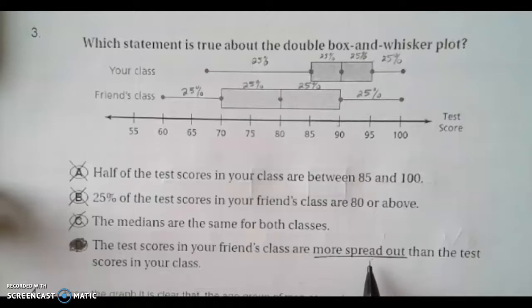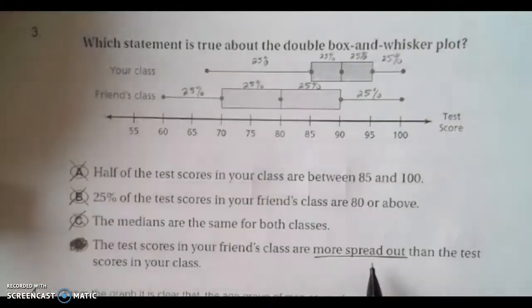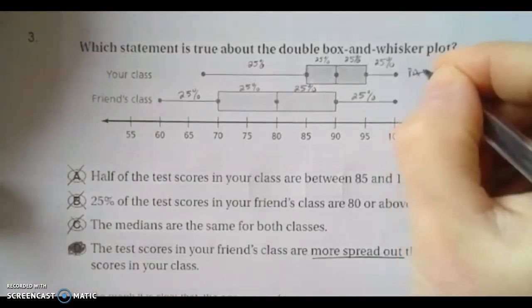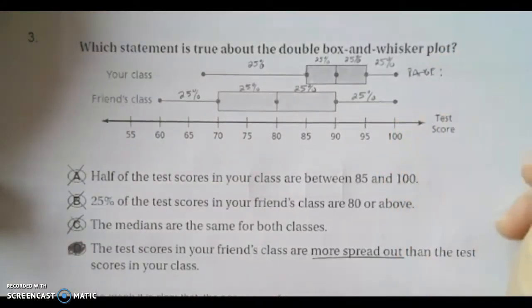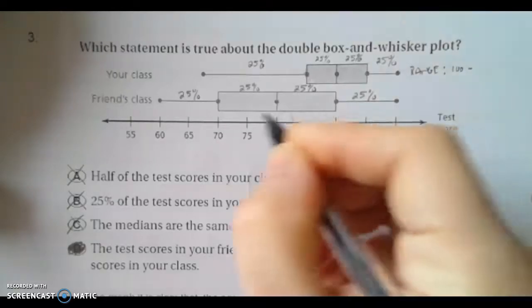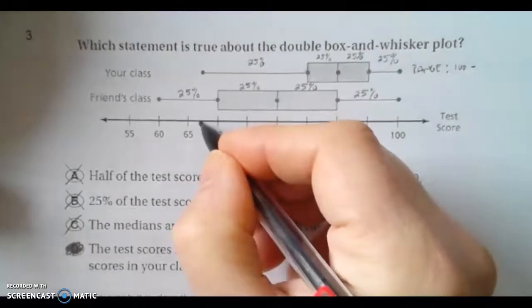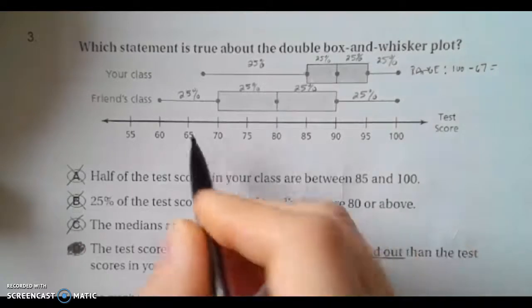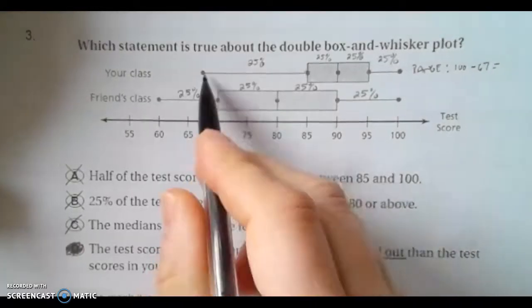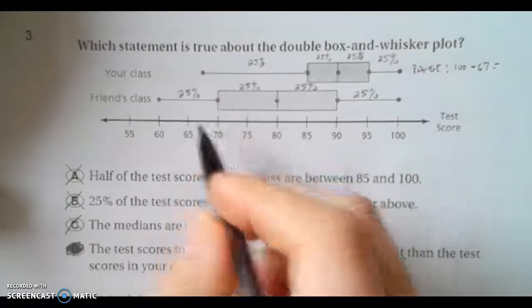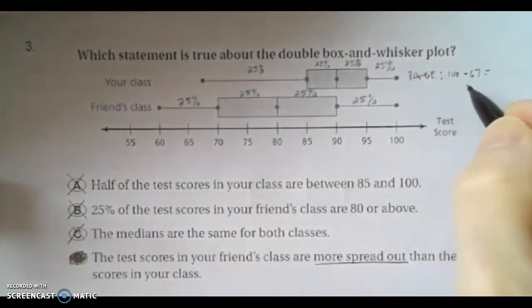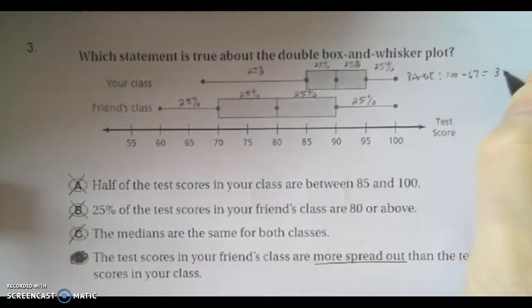We can prove that by looking at the range for each class. For your class, remember that you're calculating the highest minus the lowest. The highest score was a 100. The lowest score was down here, between 65 and 70, a little closer to the 65, so I'll go with 67. The range of scores in your class is 100 minus 67, which equals 33.